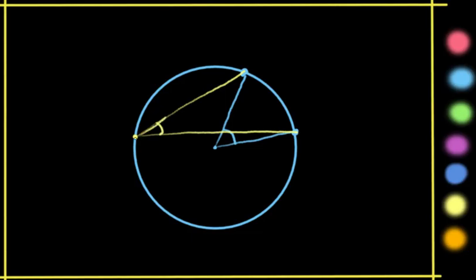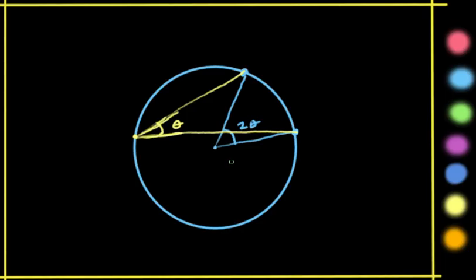So the property I want to teach you is that the angle that's formed here, theta, is half of the angle that's in here. So this one would be 2 theta. If you have some angle here, it'll be twice as much. And it turns out there's a lot of interesting things that follow from that assertion.